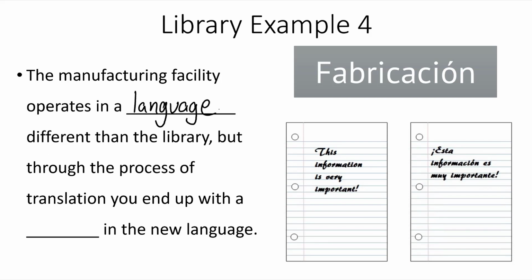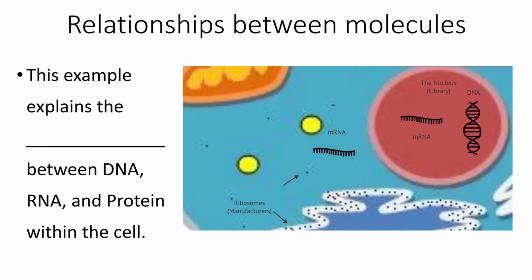But through the process of translation, you end up with a new product in the new language. These are the steps of the central dogma of genetics. This example explains the relationship between DNA, RNA, and proteins within the cell.